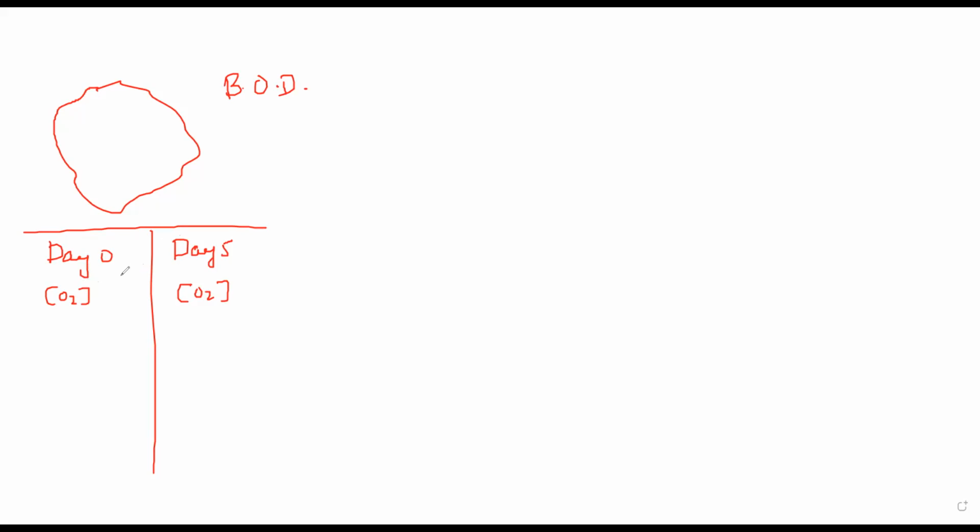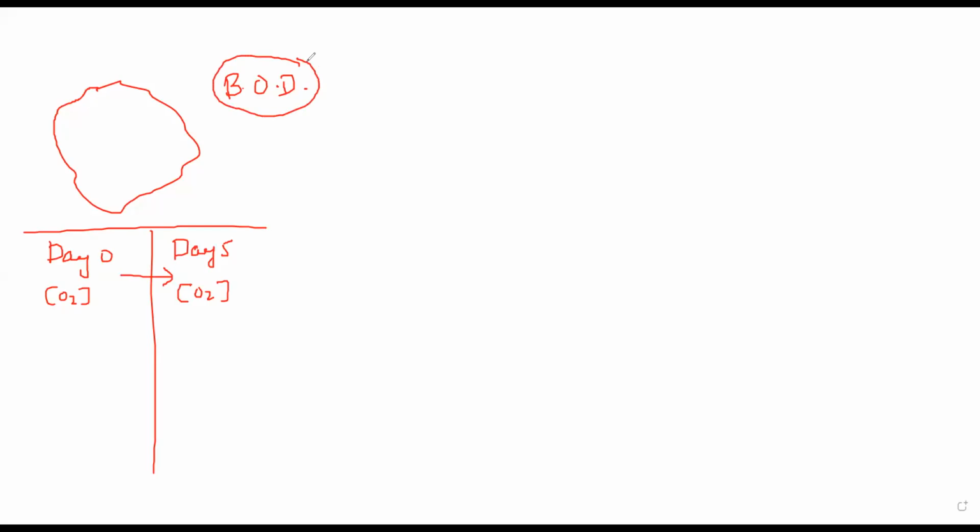Over the period of 5 days, some oxygen has been consumed, and the difference between the concentration on day 5 and day 0 will give me how much oxygen is consumed during the 5 days. So the drop in the oxygen concentration will give me the idea of how much oxygen is consumed in the 5 days, and that's what we call the demand for oxygen.